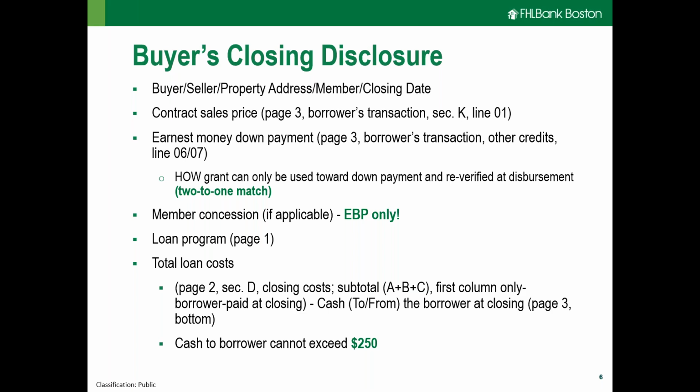That's unfortunately very vague and convoluted, but we are looking at it from just the closing costs. So when you're looking at subsections A through C, borrower paid at closing, that's all we're really looking for, because we do understand that escrows can vary, recording fees can, things of that nature. So we're just really looking at that threshold.